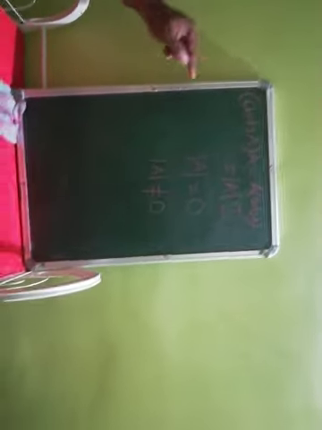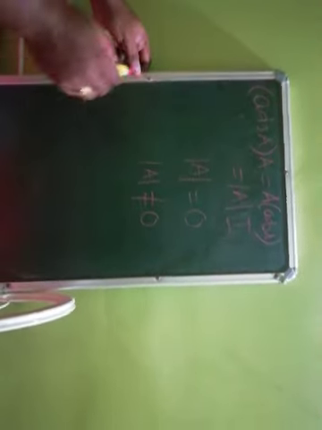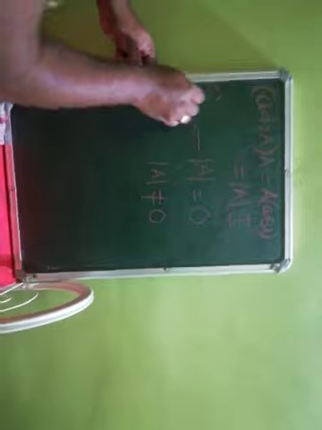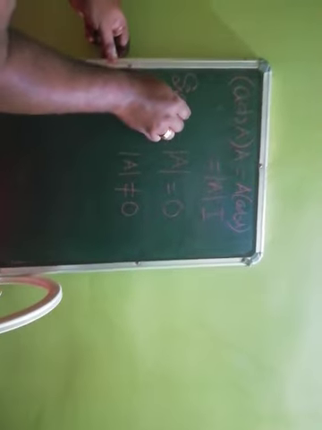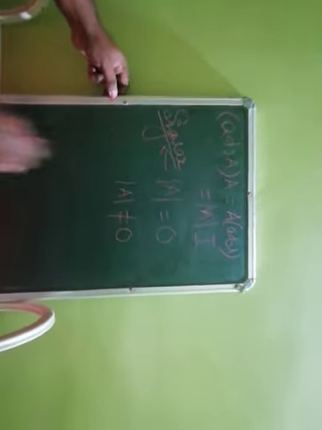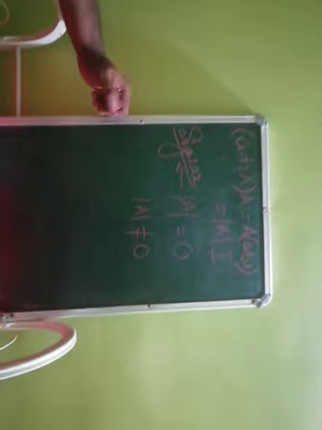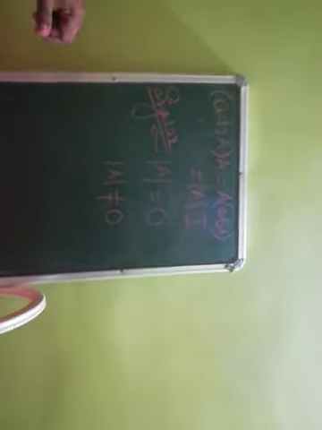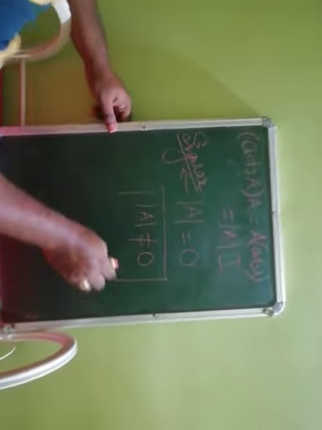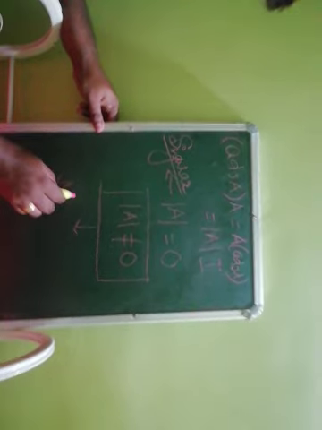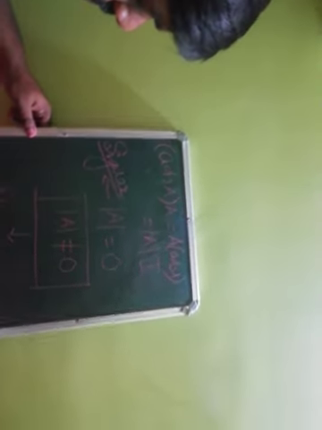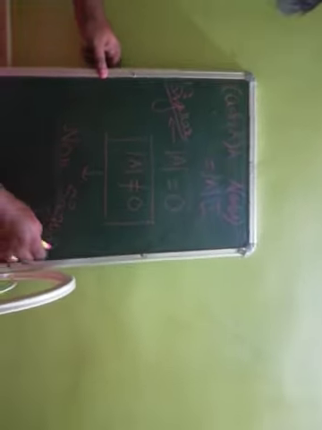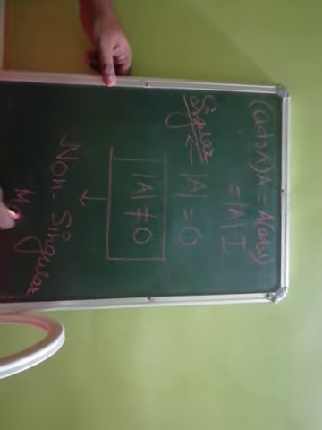So if this is 0, then the matrix is called singular. A square matrix is singular if the determinant of that matrix is 0. Otherwise, that matrix is called a non-singular matrix.